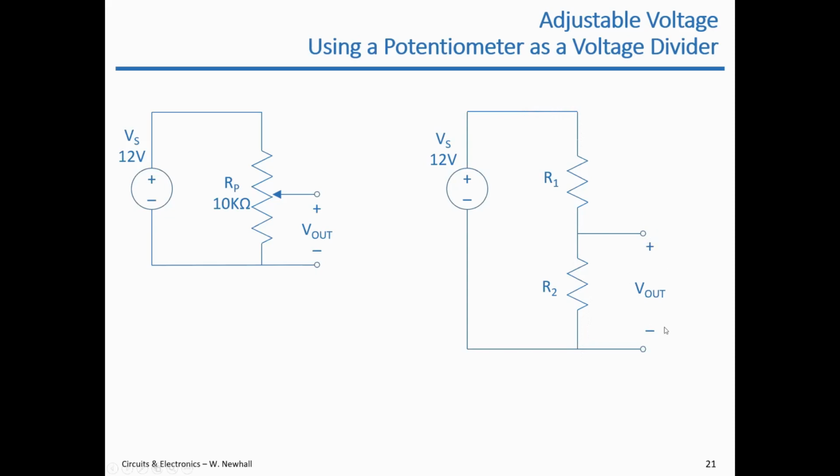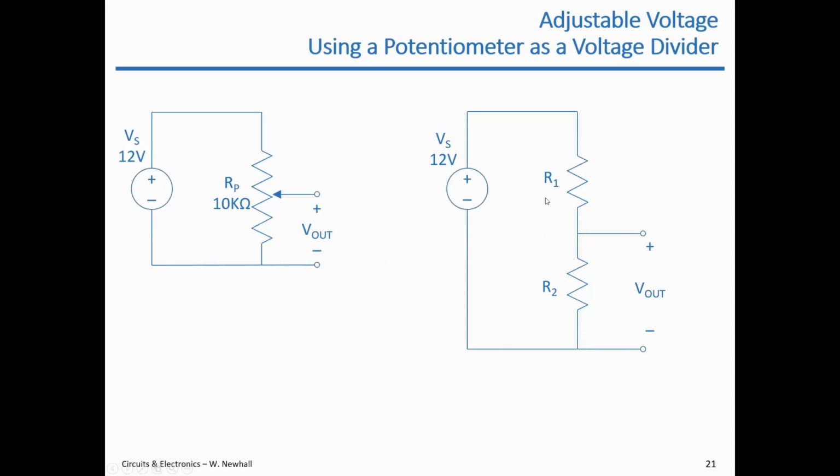Now you could argue, wait a minute, what if I connect something to this output? That's true. If you connect something that has a resistance anywhere close to R1 and R2, then these are no longer in series. But if whatever you connect out here looks like a very large resistor value, let's say 10 times, 100 times bigger than these resistances, then the current flowing down through R1 is still approximately the current through R2. So these are in series.